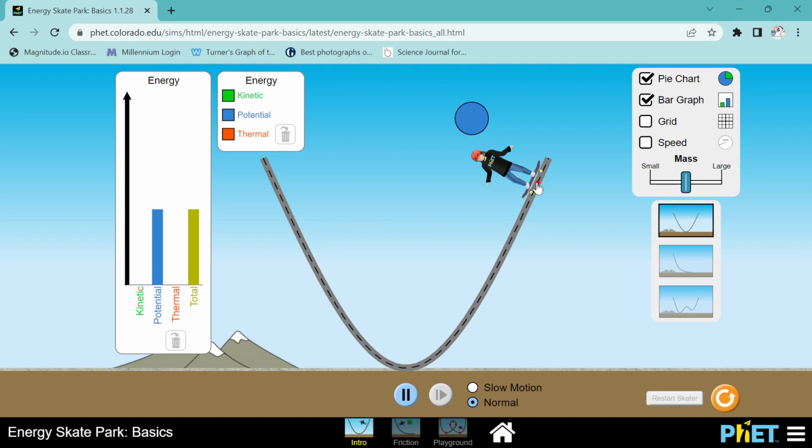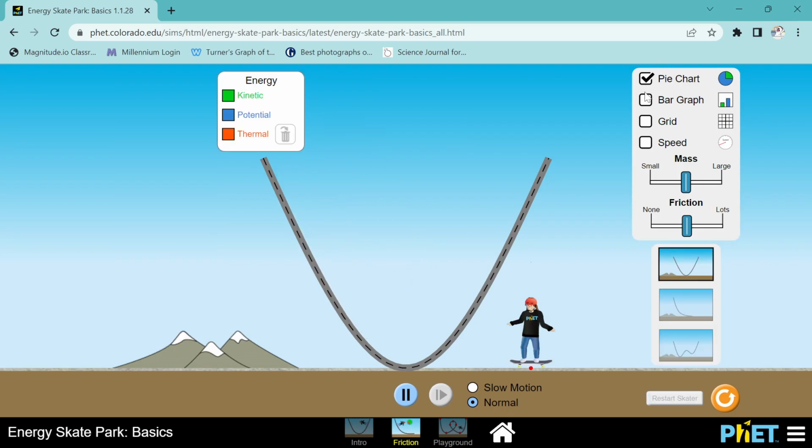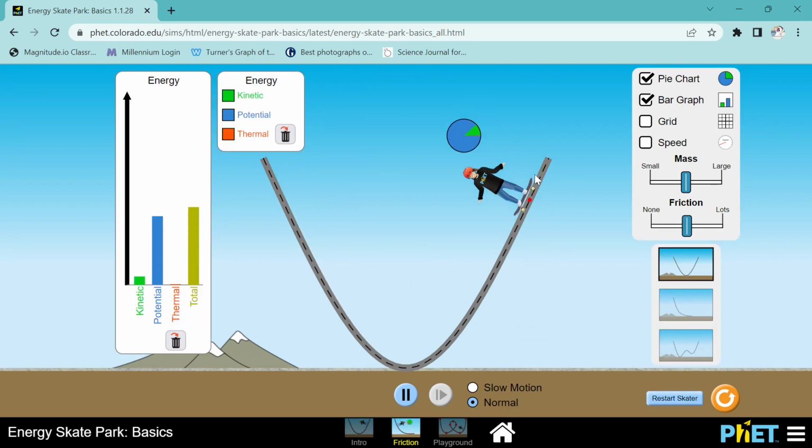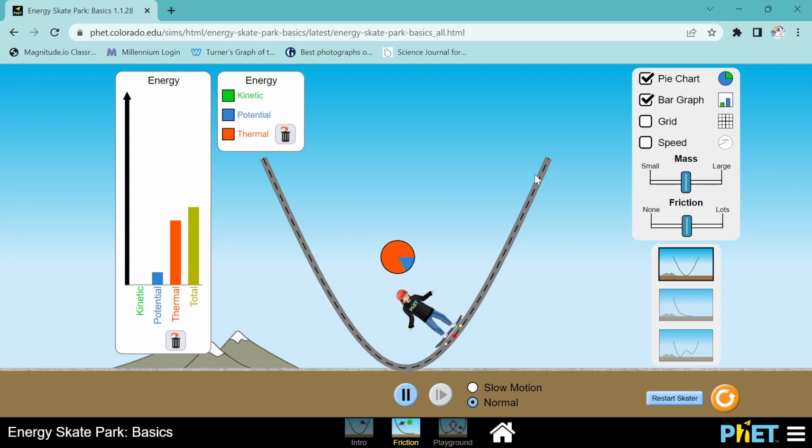So what we're going to be visualizing first in this simulation is the transformation of potential energy into kinetic energy. And we'll also observe how energy transformations differ when there is friction involved, leading to a lot of this energy being transferred into thermal energy.